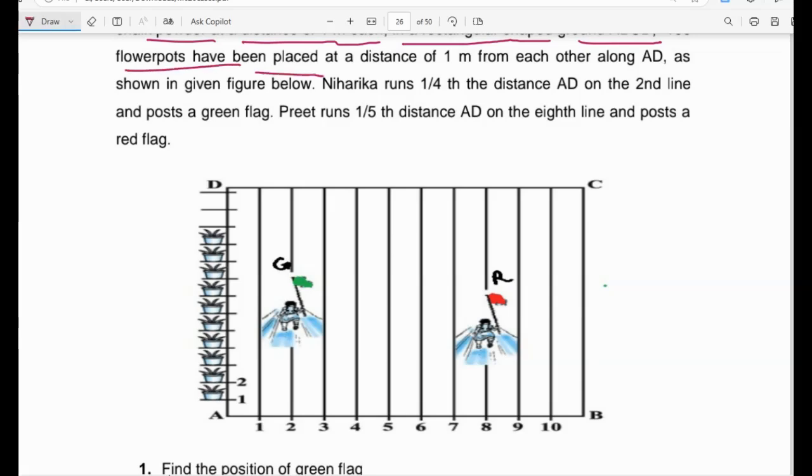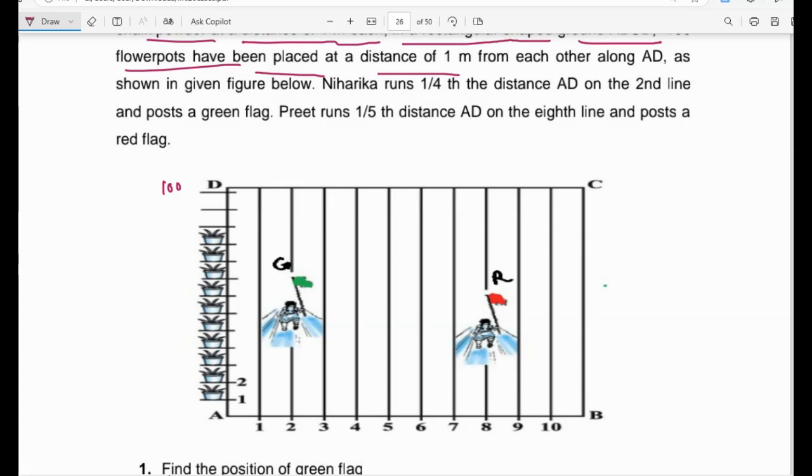100 flower pots have been placed at a distance of 1 meter each along AD, as shown in the figure below. Niharika runs 1 by 4th the distance of AD on the second line.